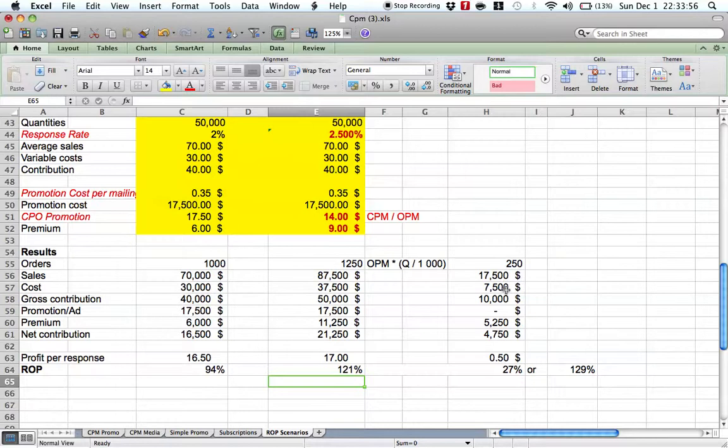Sure, we have 7,500 more cost, and everything is situation 1 minus situation 2. You see it in the formulas. And the profit per response, we're making 50 cents more. Clearly evident just by looking at the $16.50 to $17. And we're making 27% greater return on profit.